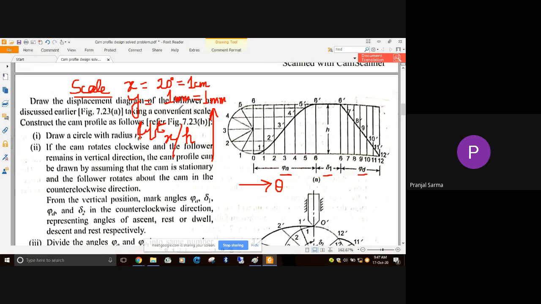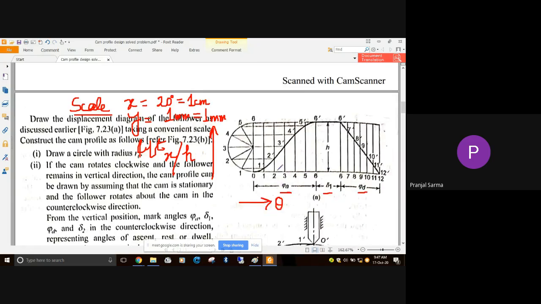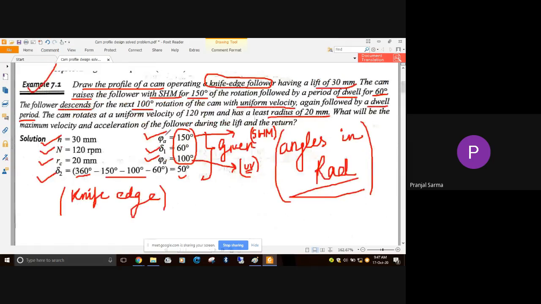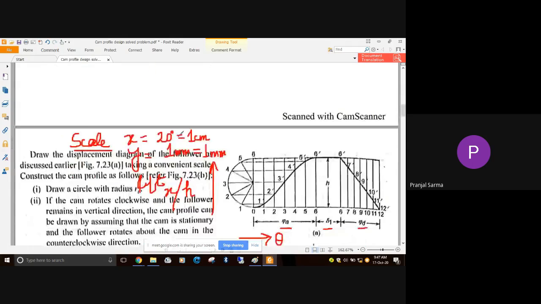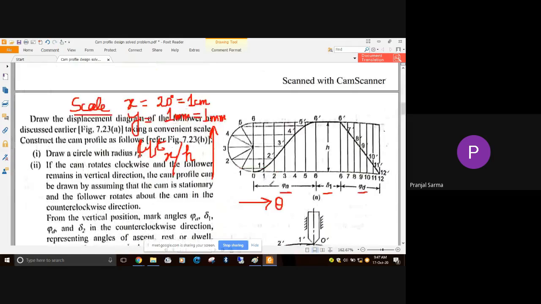Okay, y-axis 1:1. So along the x-axis, if we consider 20 degree equal to 1 centimeter, so to denote theta A or phi A, 150 degree, how much length should it be? How much should I draw? We will first draw the x-axis and the y-axis, and from there we have to mark them.